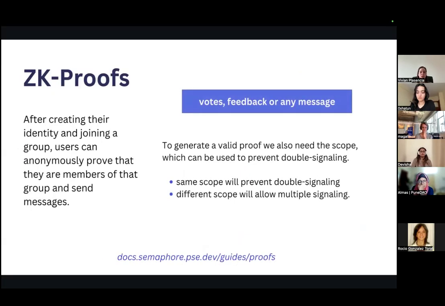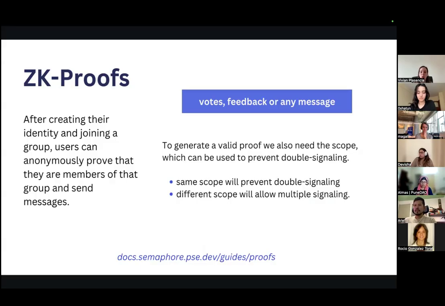Those were the groups, and there's also the ZK proof part, because after creating your identity and joining a group, users can anonymously prove that they are members of that group and also send messages. And these messages can be votes, feedback, or any other text message. And to generate a valid proof, we also need the scope.